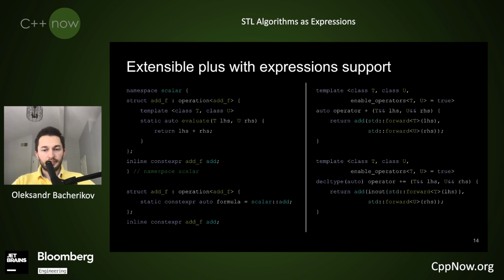This is the future work. One of the important things I'd like to note in the implementation of operator plus equals is that there's an in-out wrapper around the first argument. And all it does is to highlight that this argument is used as both an input and output, unlike in a regular plus.